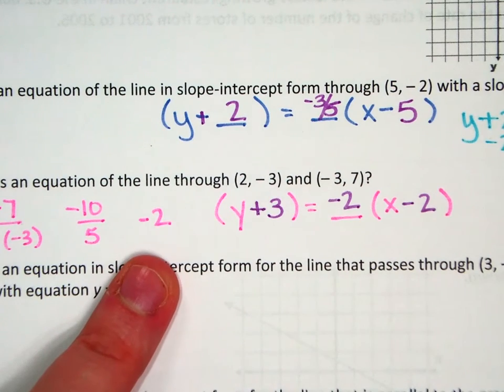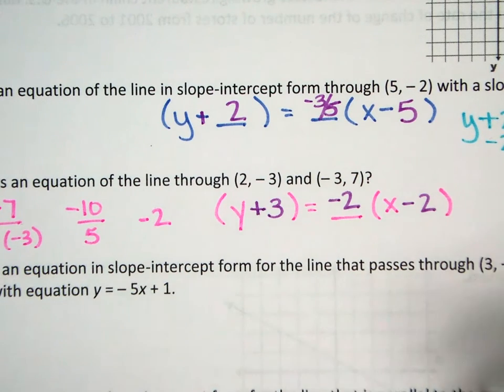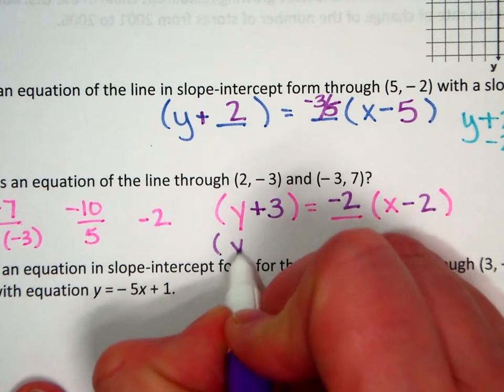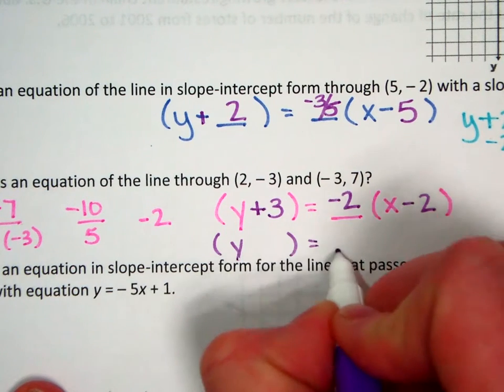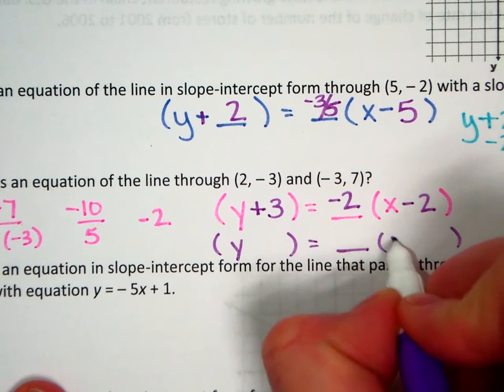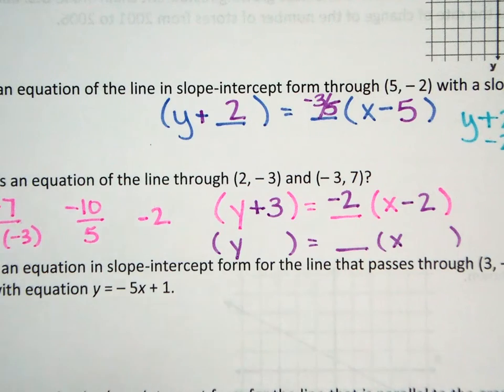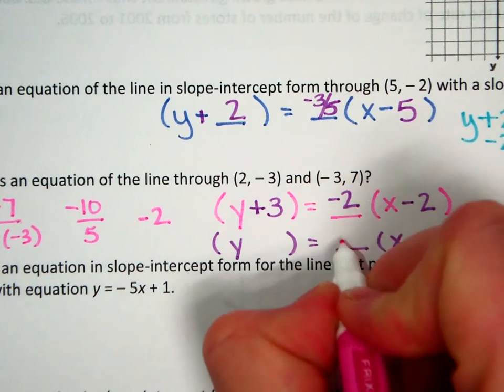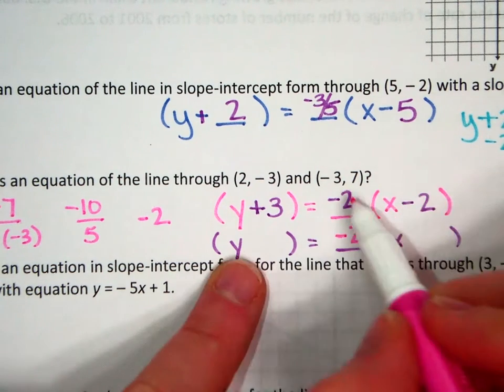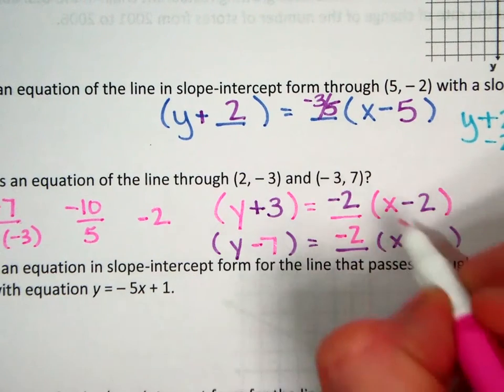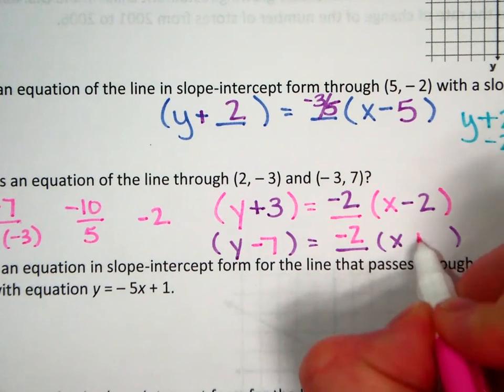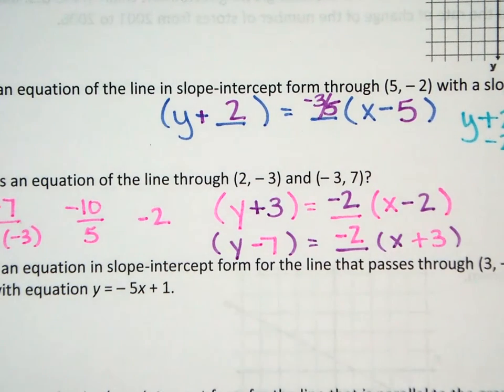So that's one equation. Using the other point, my slope is negative 2, so that stays here. Y minus 7 is a minus 7. X minus a negative 3 is a plus 3. So those are the 2 equations of the line that you can have.